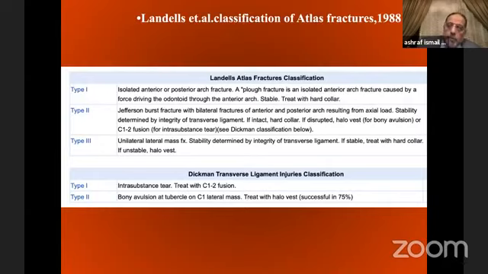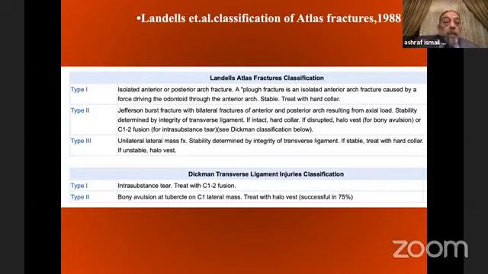Any pattern of this fracture accompanied with a ruptured transverse ligament is an unstable fracture, and this one should be fixed. Otherwise, we have a debate between the conservative and the operative lines of treatment.